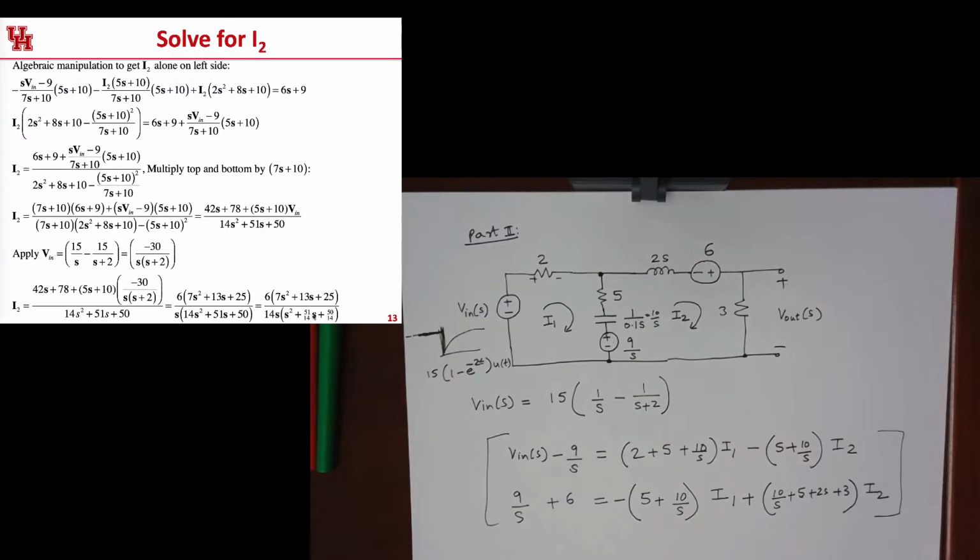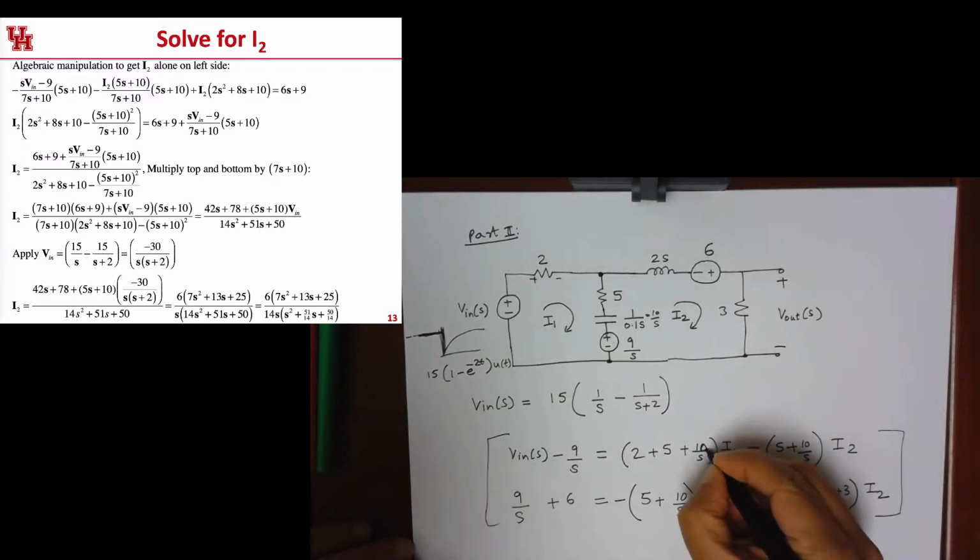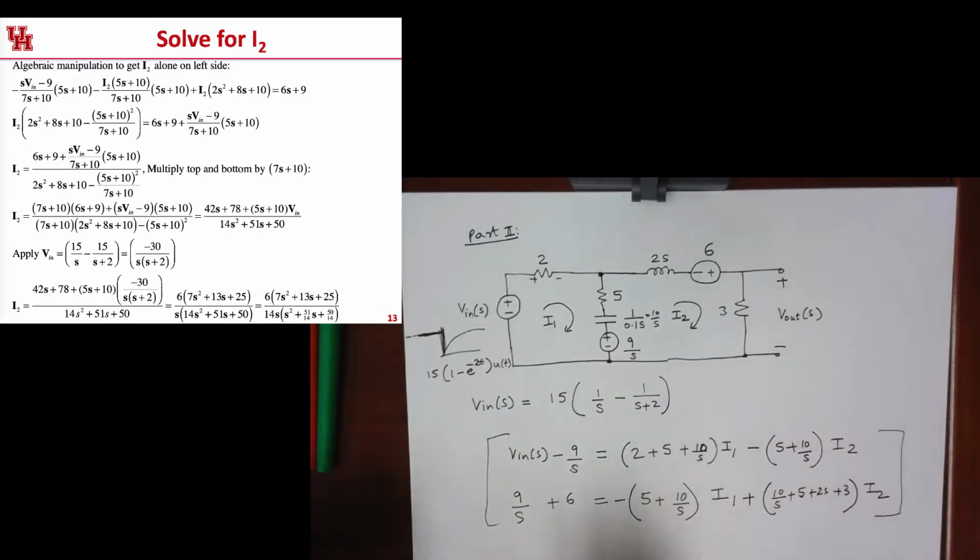So we get a formula for the current I2 that looks like that. Before we try to solve this, I thought I'd go over what I consider a much cleaner way of solving simultaneous equations.